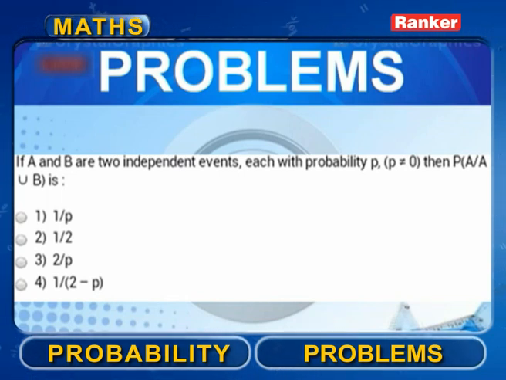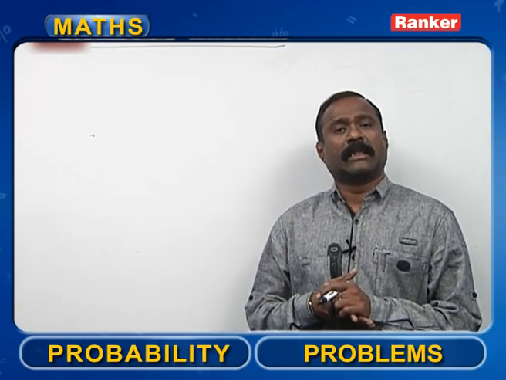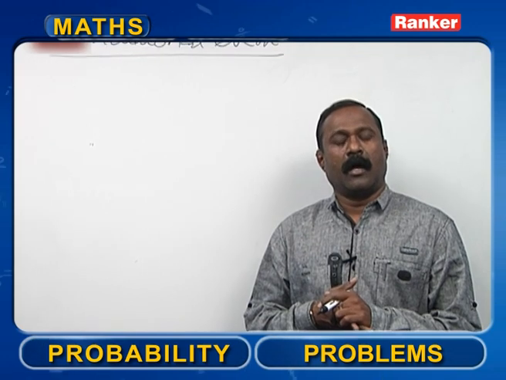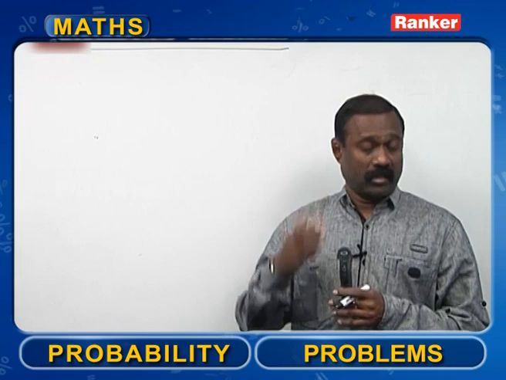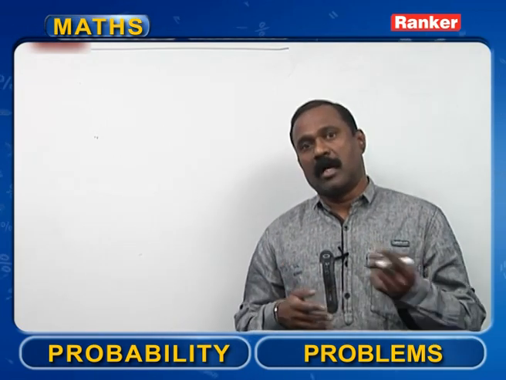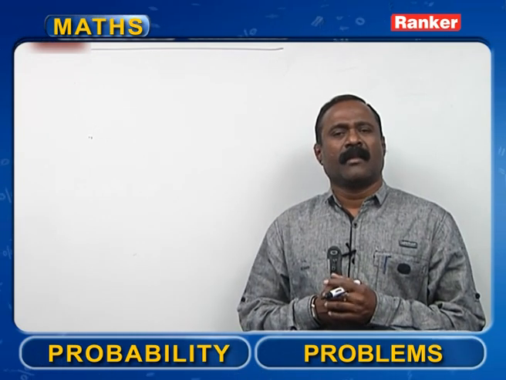A conditional event is that event where, when an event occurs, another event must occur. That means the occurrence of one event follows the occurrence of another event. Very simple, you can understand that.